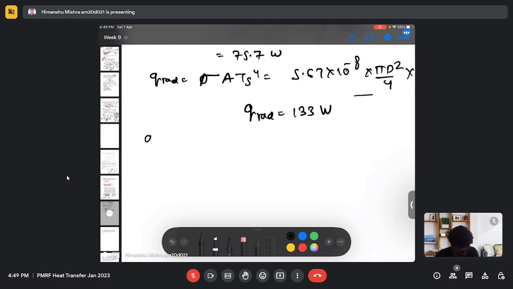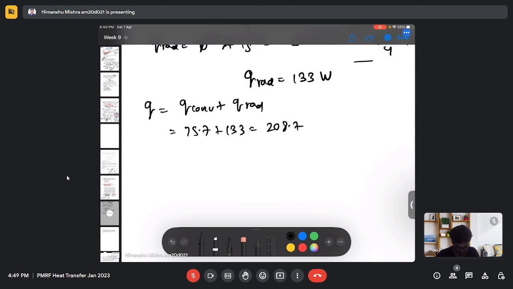So my total heat transfer is due to convection plus radiation, which is 75.7 plus 133, which is 208.7 watt.